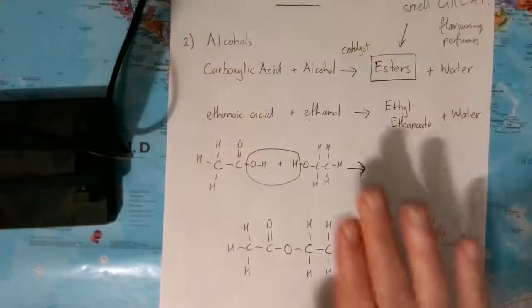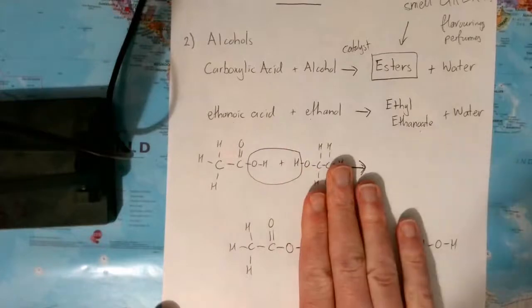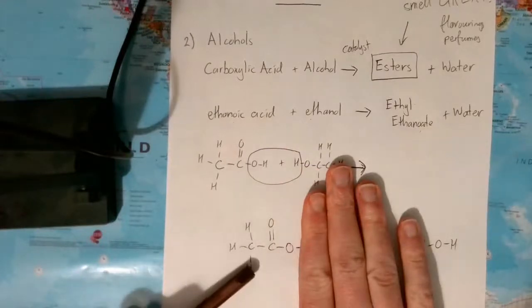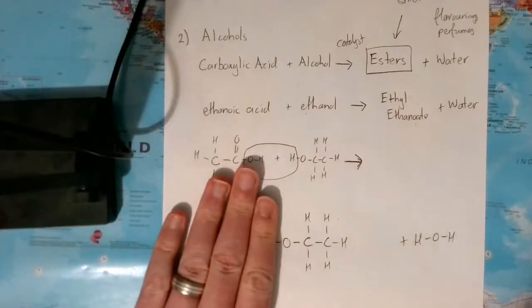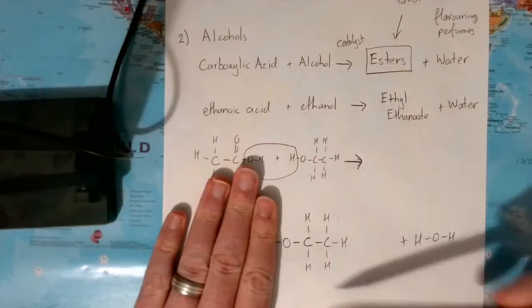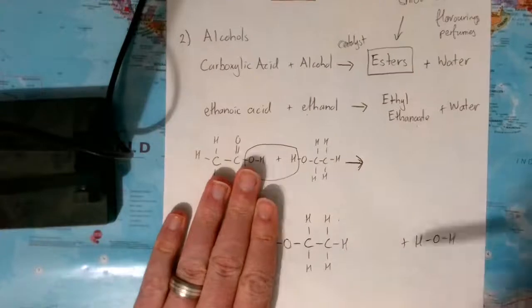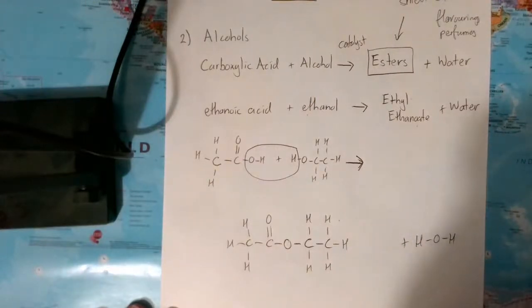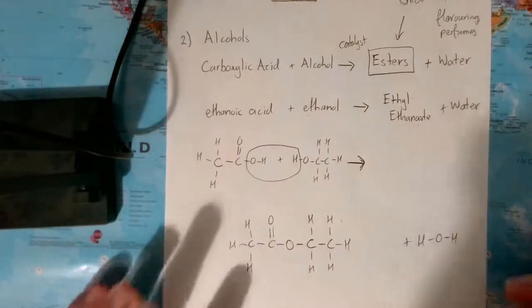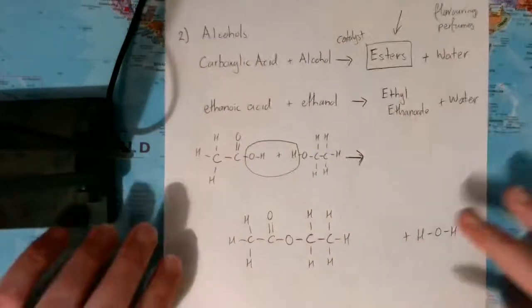This, if I cover one side of it, you can see it looks just like the carboxylic acid above, and if we cover the other side of it, you can see it looks just like the alcohol. So this is an ester, and they are very good smelling, sort of fruity chemicals that you can actually eat. Some of them. Please don't try making them at home.